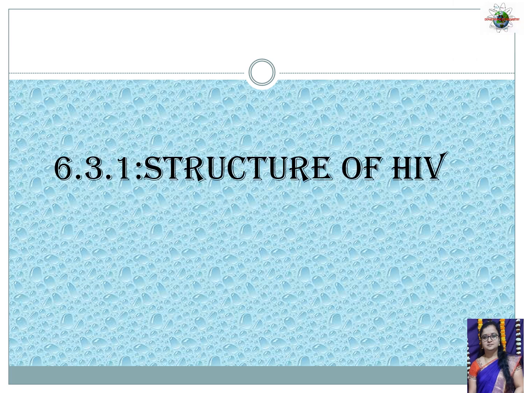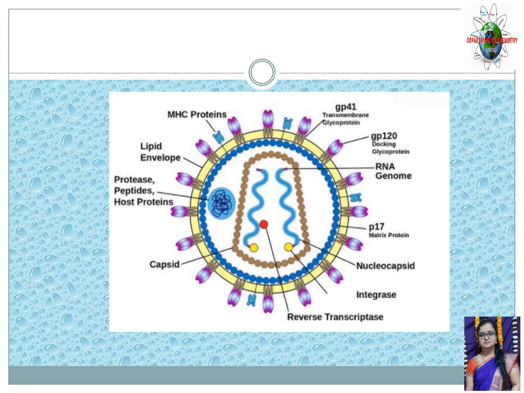6.3.1 Structure of HIV. The structure of HIV is spherical in shape, and you can see here the lipid envelope, MHC proteins, GP41, GP120, RNA genome, P17 matrix protein, nucleocapsid, integrase, reverse transcriptase, and the capsids, protease, peptides, and host proteins.